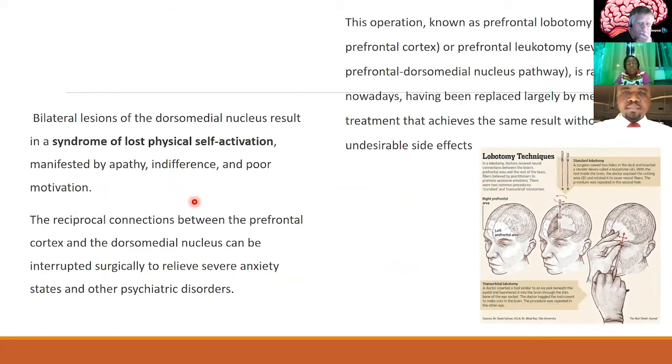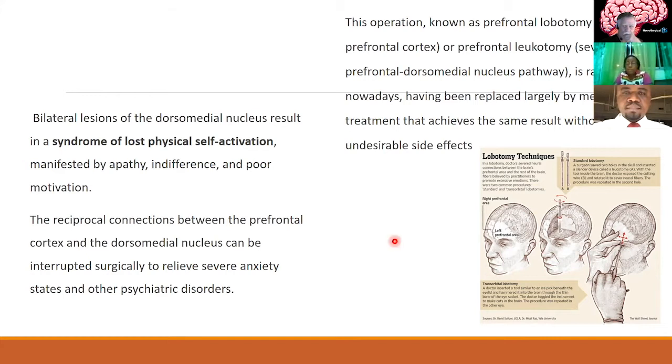Bilateral lesions of the dorsomedial nucleus result in a syndrome called the syndrome of loss of physical self-activation, which is manifested by apathy, indifference, and poor motivation. The reciprocal connections between the prefrontal cortex and the dorsomedial nucleus can be interrupted surgically to relieve severe anxiety states and other psychiatric disorders.